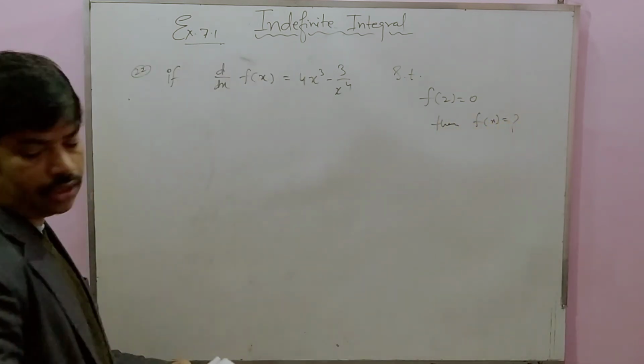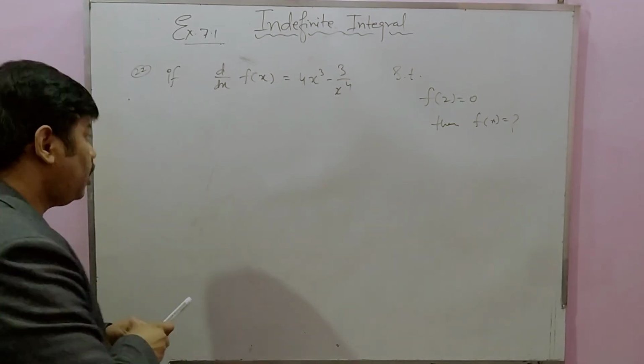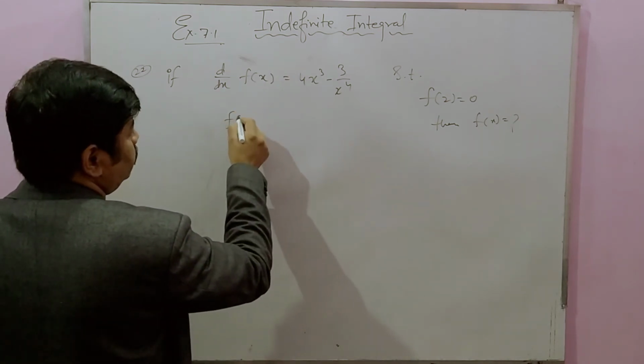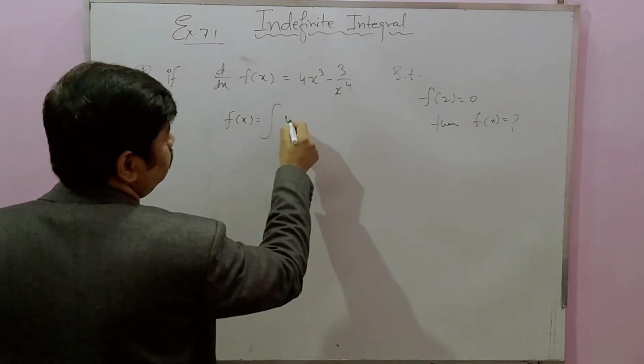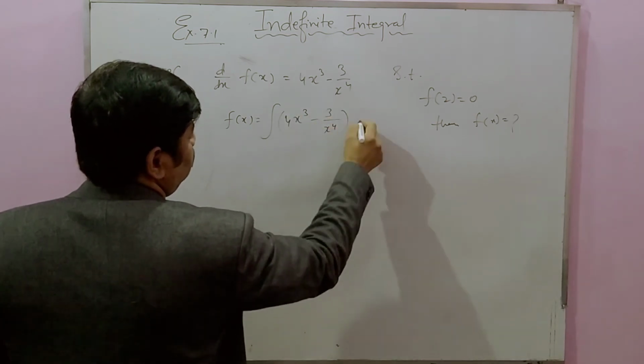Okay, he is asking the value of f(x). So now dy dx will go there and it will be converted into an integration sign: the integral of (4x cube minus 3) upon x to the power 4 dx.